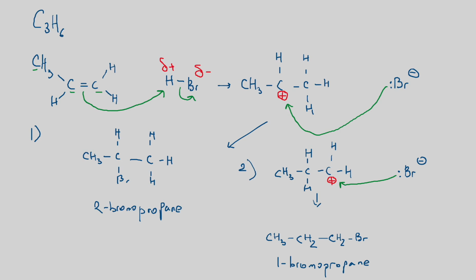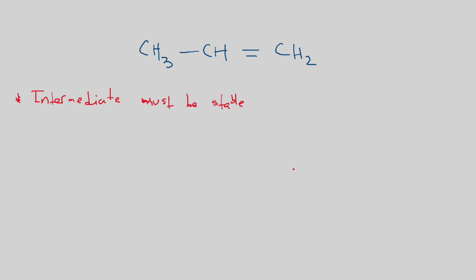So in the previous case, I have this intermediate and this intermediate. Let me draw both intermediates here. So here I have CH3, CH and CH2, here I have positive charge. Oh sorry, here I have CH3.